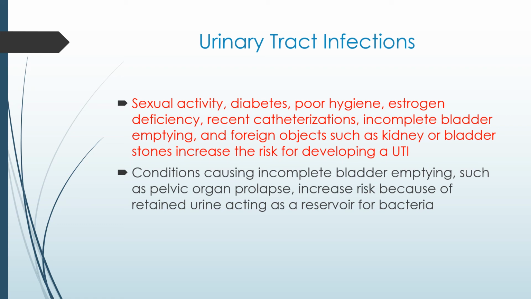Conditions causing incomplete bladder emptying, such as pelvic organ prolapse, increase risk because of retained urine acting as a reservoir for bacteria. And this is much the same as when we were talking about the lower respiratory diseases, because those fluids were just staying stagnant in the bottom of the lung, right? And that was a reservoir for bacteria. So same thing with the bladder.